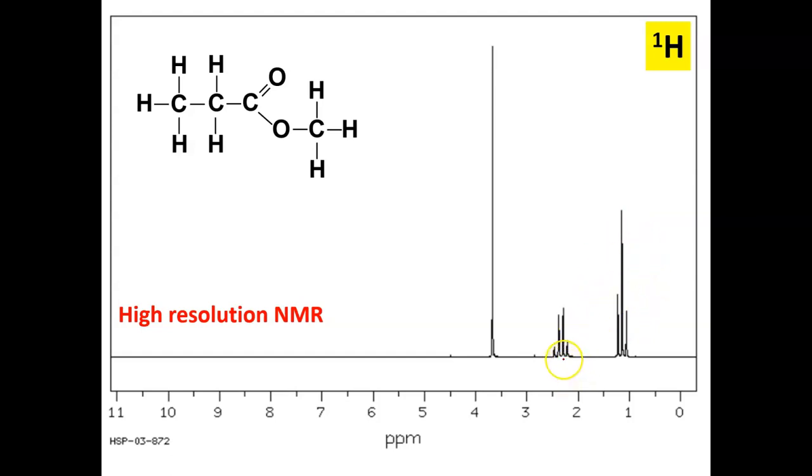The peak that's centered about 2.2, you can see this one consists, again looking from above, of 1, 2, 3, and 4 sub-peaks. We call this one a quartet. And of course, the single peak at 3.6 is exactly that. It's a singlet. That is just a simple single peak.